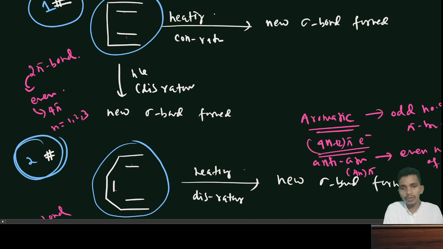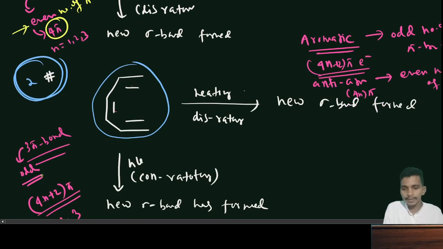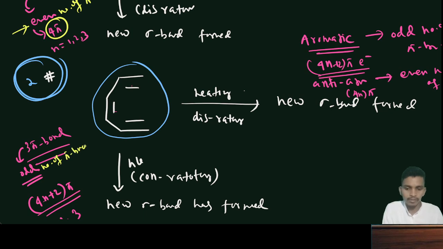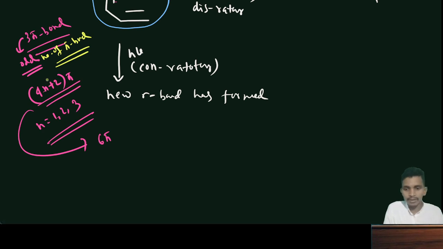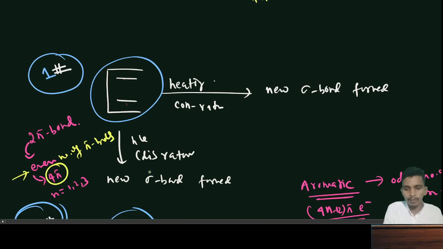So simply, even number of pi bonds gives 4 pi and odd number of pi bonds gives 6 pi. If n is 1, then it is 6, so 6 pi bonds, and this is going to be 4 pi bonds.